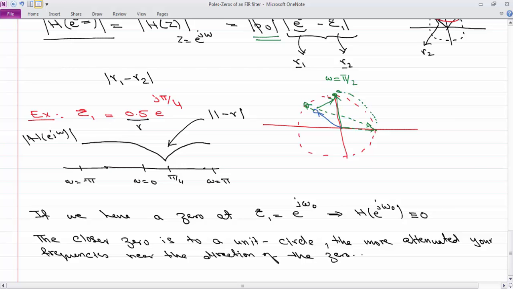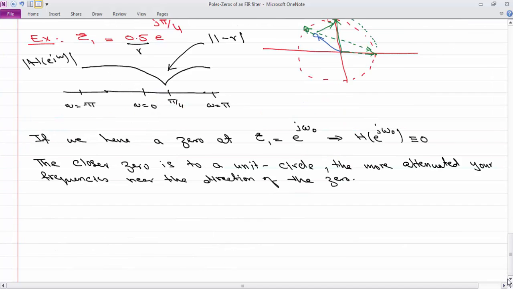Okay. Now, we started with the case of just one 0. But what about the case of length n equal to m plus 1 filter?